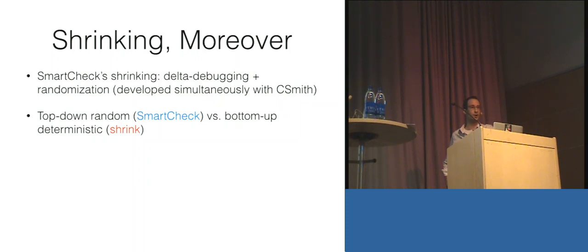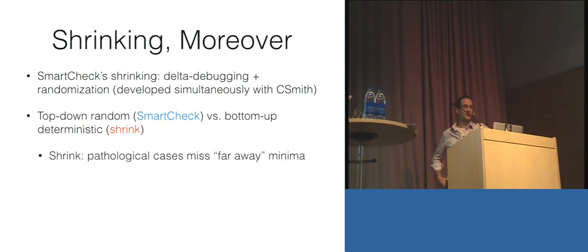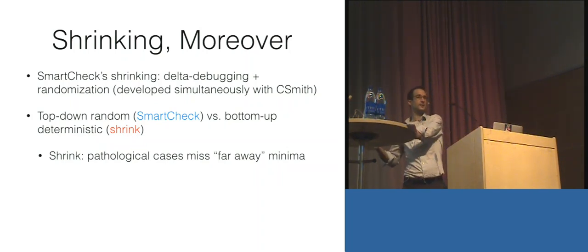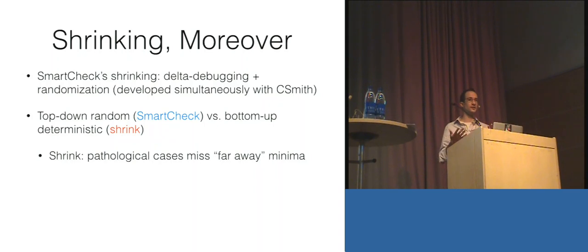You can think of the two approaches as SmartCheck using a top-down random approach versus a bottom-up deterministic approach, because remember, shrink is a function from A to a list of A. Oftentimes the way you implement it, you'll have the same constructors in the shrink instances as in the original counterexample, so you can miss far away minimum examples.